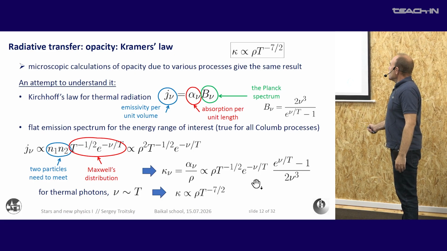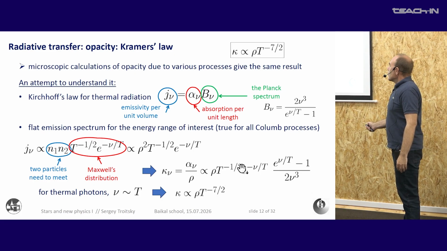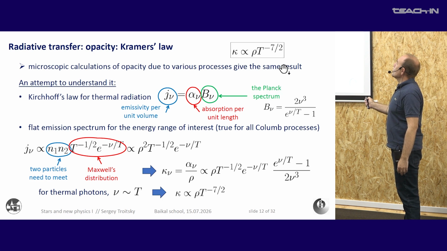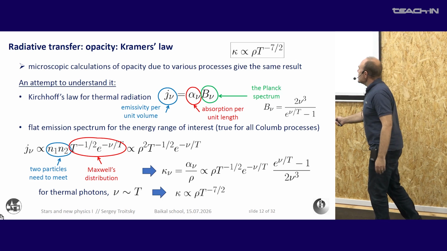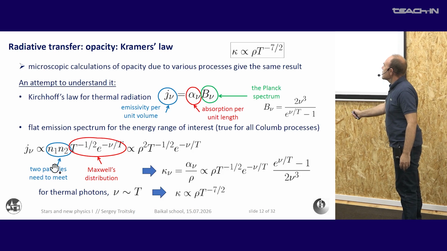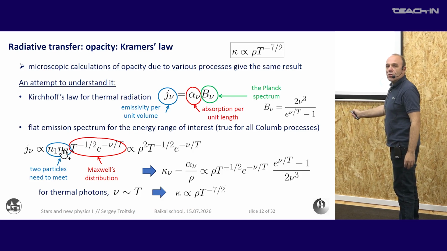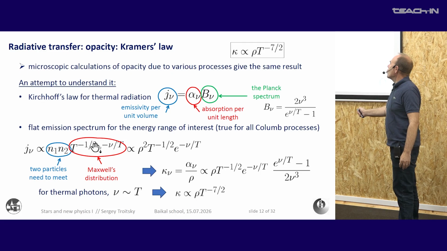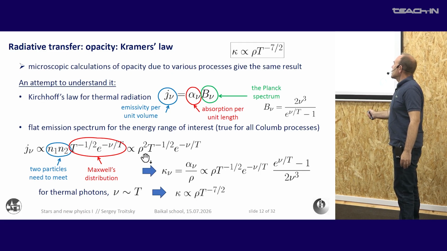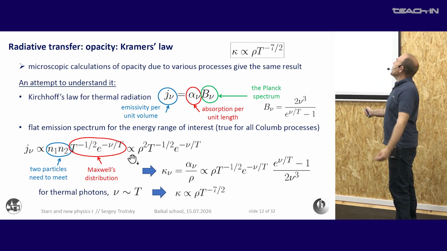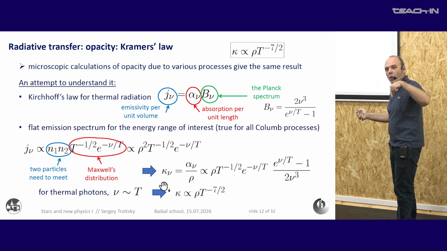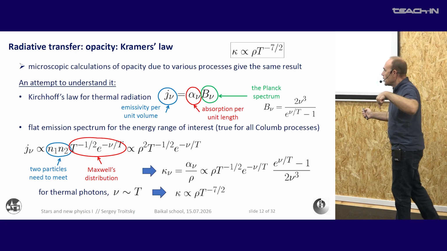And we have -1/2, -3 from here, to get -7/2. And we have these two concentrations which go to squared density, and we divide it by the density to go to astronomical notations.